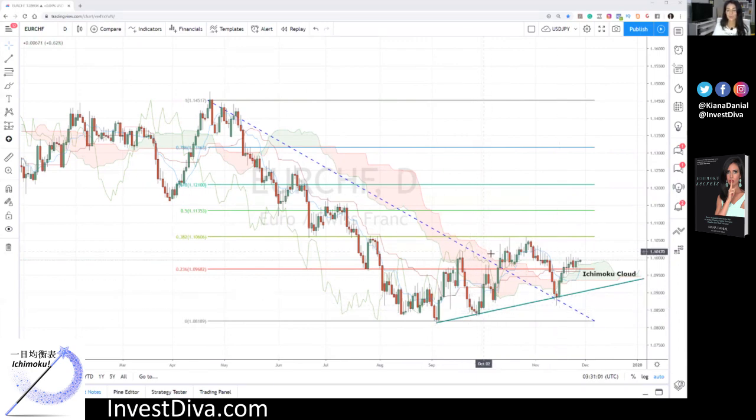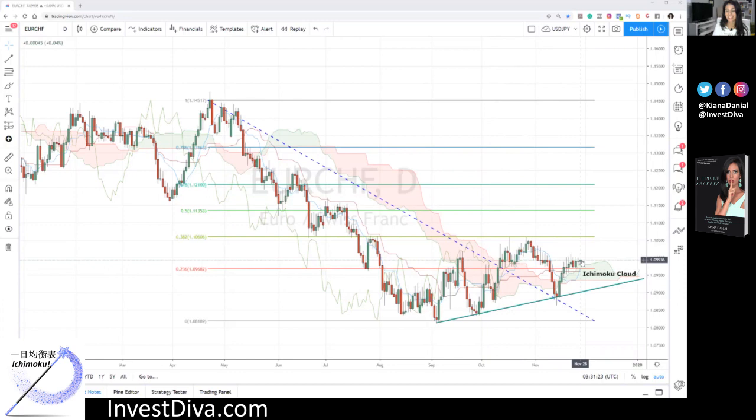And then it had one failed attempt: after it broke above the Ichimoku the first time back in October, it wasn't able to really gain the bullish momentum we were looking for, and then it actually broke below it just to form this higher low and then go and break above it again last week.